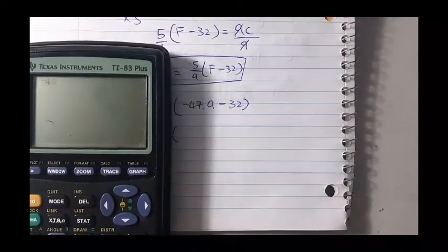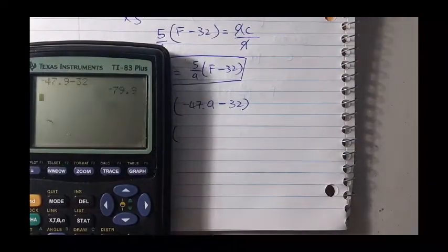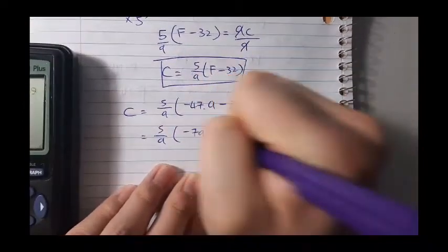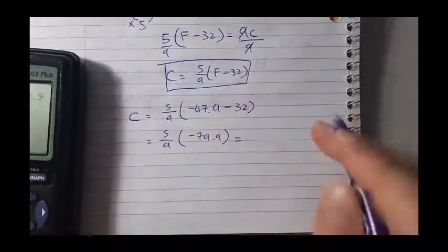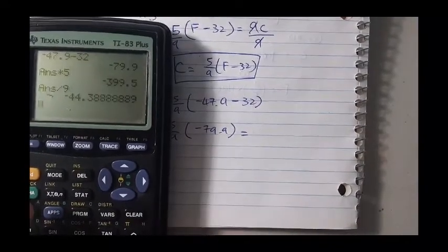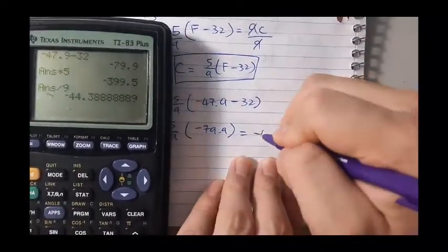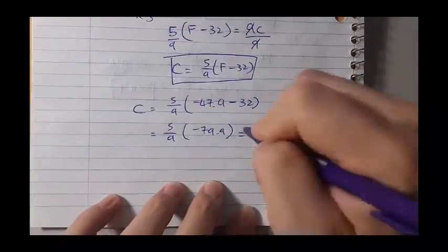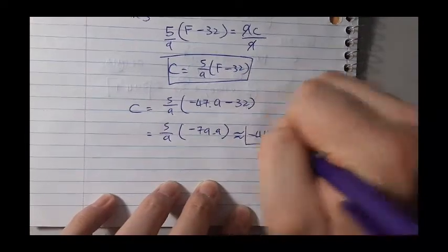Negative 47.9 minus 32 gives me negative 79.9. And you just need to multiply by 5 divided by 9. So I have negative 44.4, because the question is asking you to round to the nearest tenth.